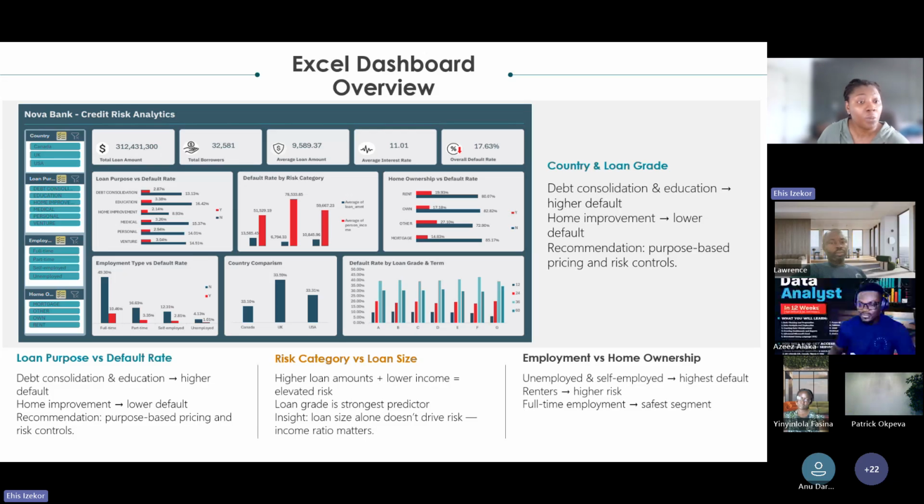Loan purpose and defaults: debt consolidation and education are higher defaulters, home improvements lower defaulters. Risk category versus loans: higher loan amounts plus low income. Time up.